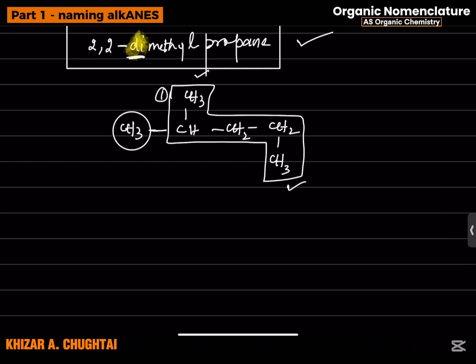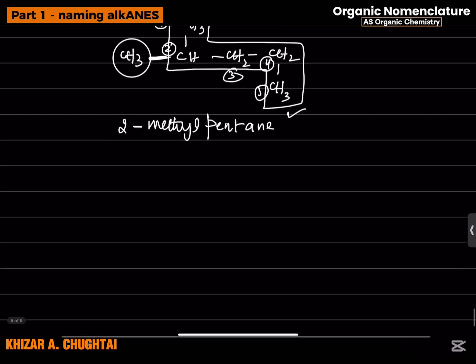This carbon is carbon number 1, number 2, number 3, number 4, number 5. If I reverse the numbering, then the position of this methyl will be 5. That is a higher number, not the required number. So, first of all, the position of the branch, 2. There's no dash. Name of branch, methyl, and pent, 5 carbons. There is no double bond, ane. 2-methylpentane. Come to the next one.